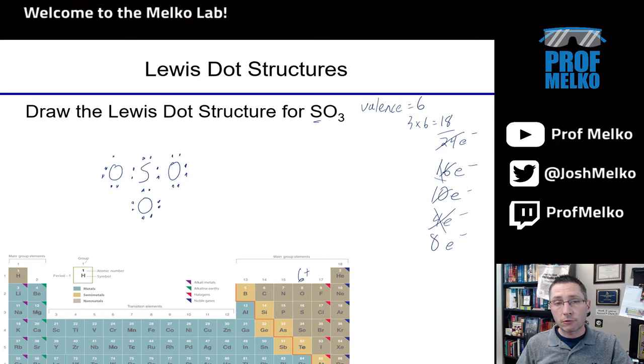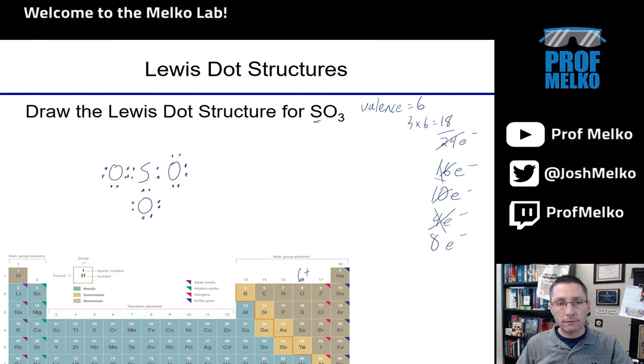Step 4 is if you run out of electrons like this, move electrons from the central atom to electrons that are not bound to anything else, right? These are bound to an oxygen. The ones on the bottom are bound to an oxygen. But these ones up top are free. I'm going to move those in between so that this oxygen that is deficient now has access to those electrons.